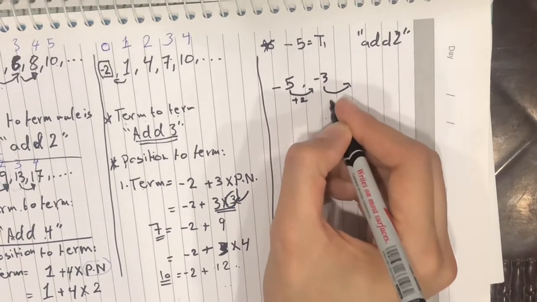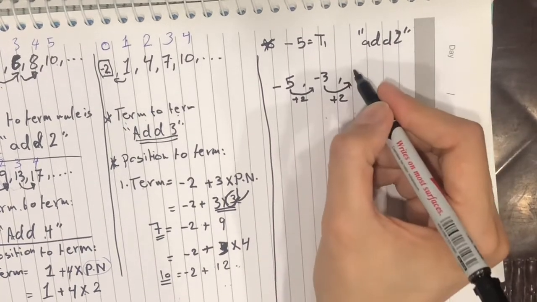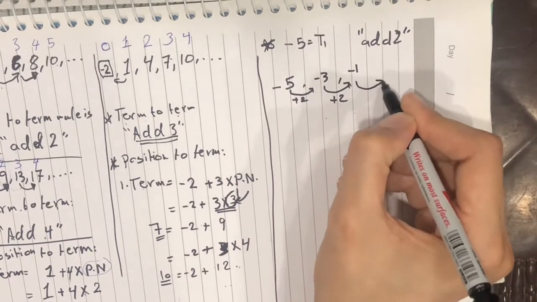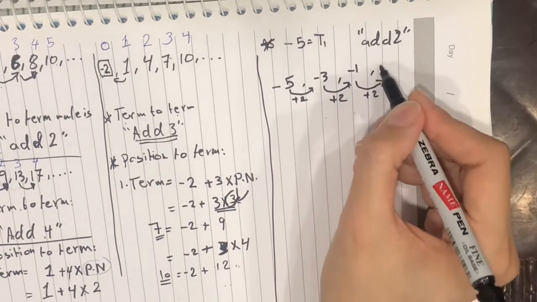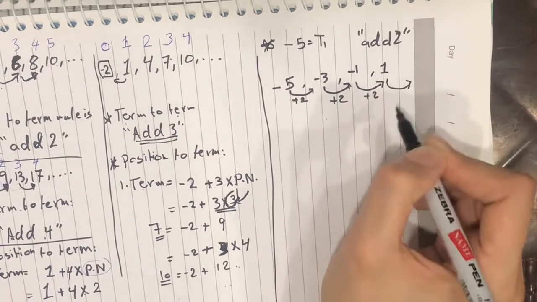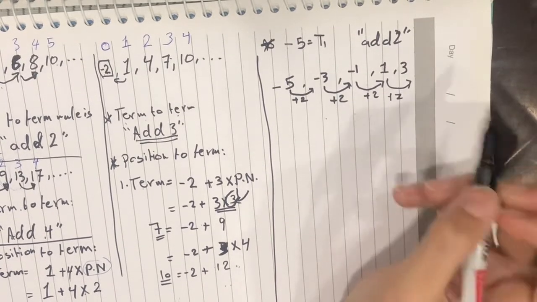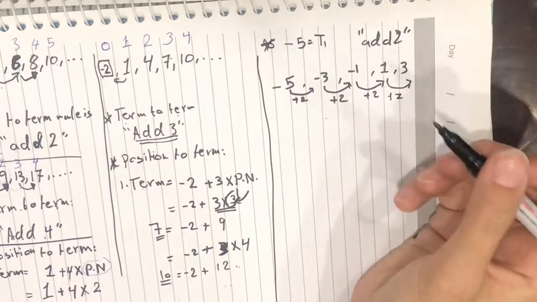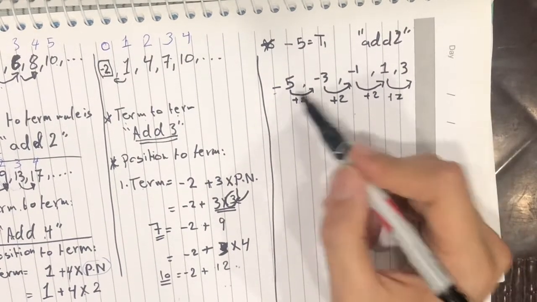And then I have to add 2 to get the third term. -3 plus 2 equals -1. Then I have to add 2. -1 plus 2 equals 1. Plus 2 equals 3. So there I found the first 5 terms of my sequence. The question wanted me to find the first 5 terms.